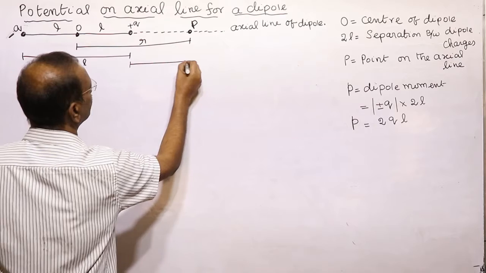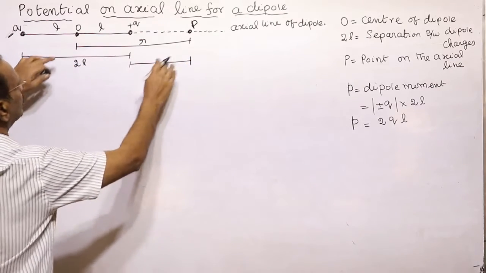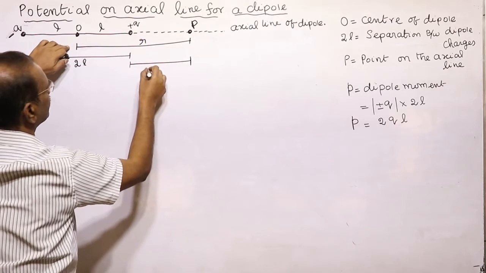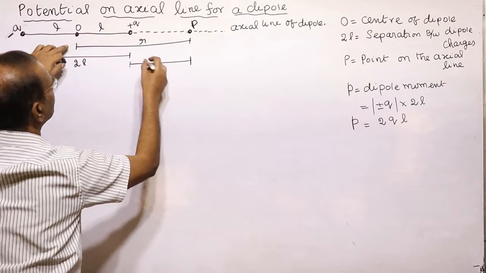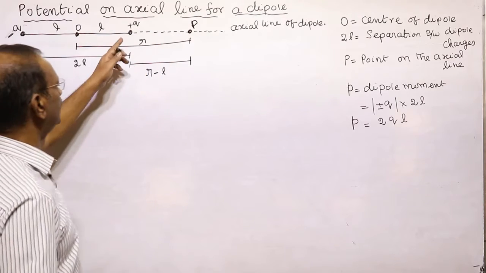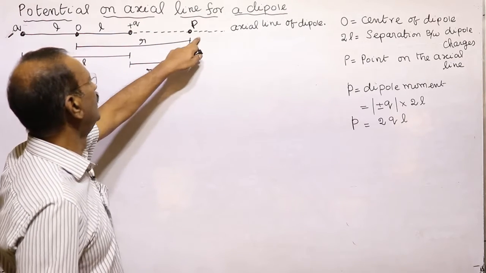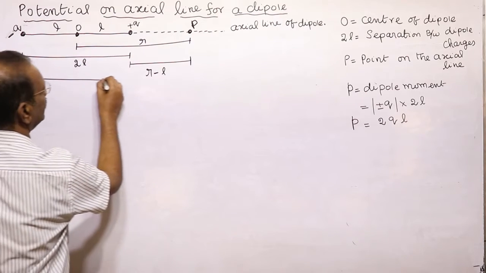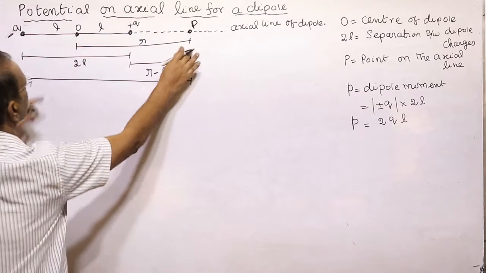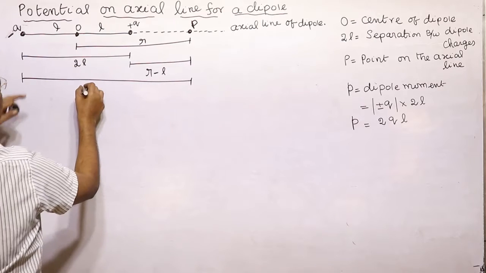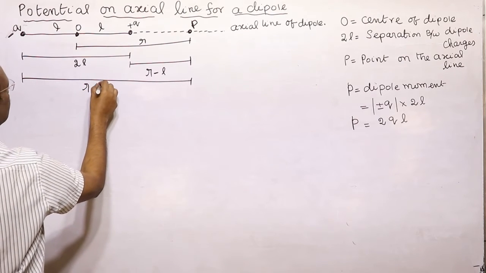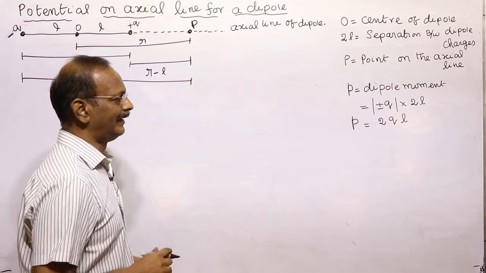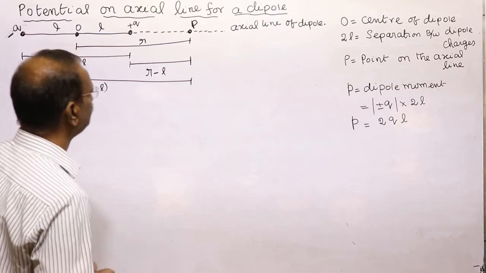The distance is total r minus L, that is r minus L. So plus Q is located at a distance r minus L from the point, and minus Q is located at r plus L distance.